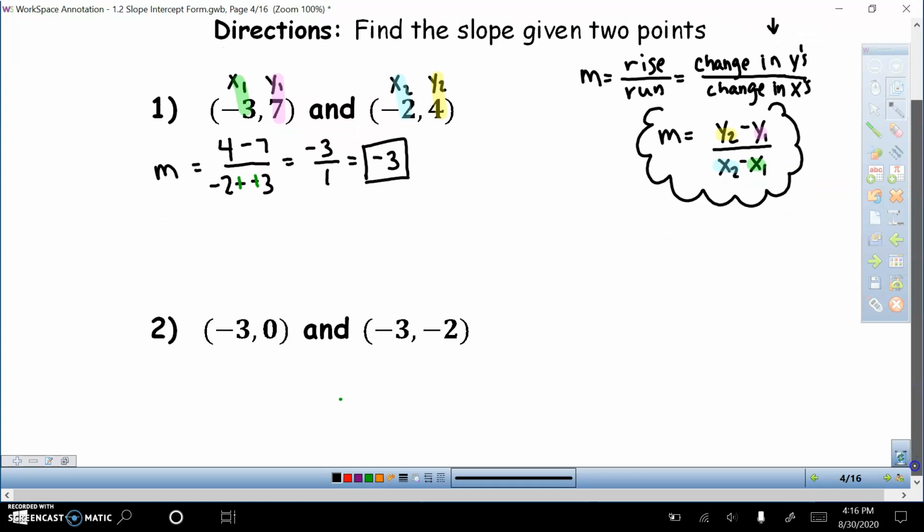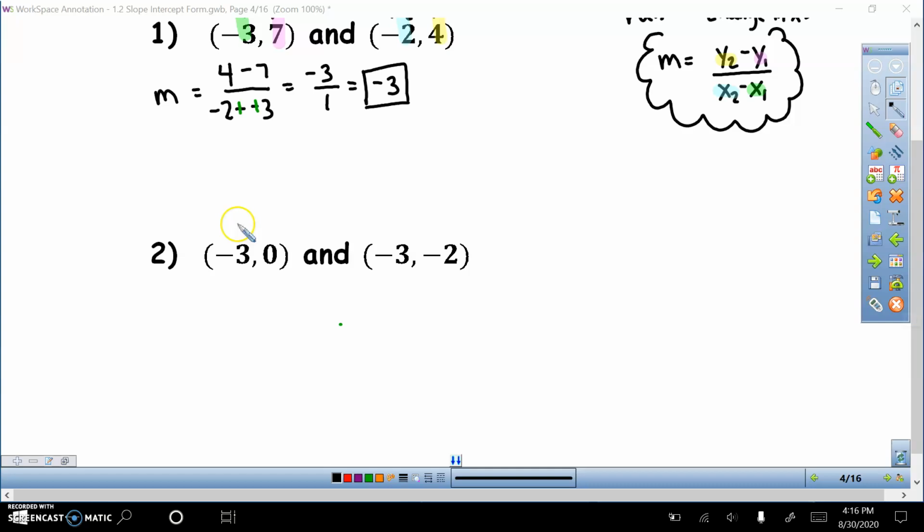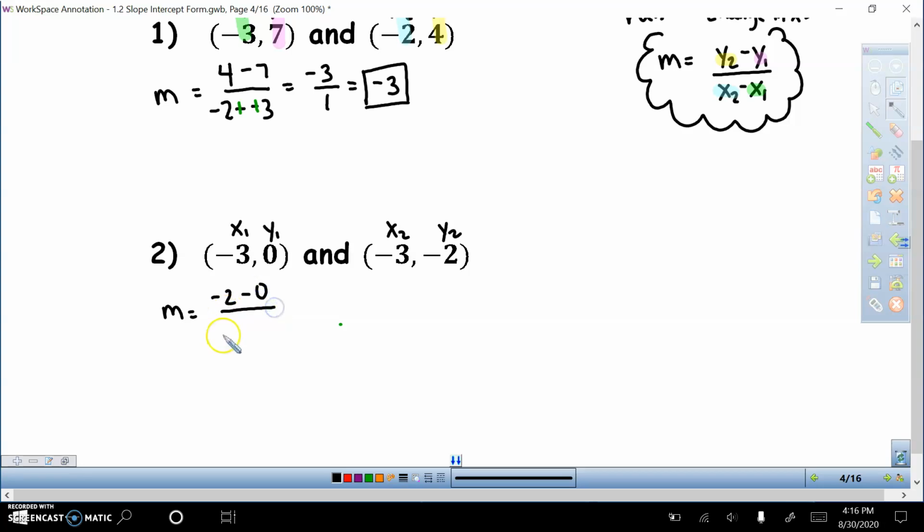Let's just do one more where I lead you. So number 2, same thing. I label it x sub 1, y sub 1 for my first point, x sub 2, y sub 2 for my second point. Substitute into my equation. So I'm going to have my slope is -2 minus 0 over -3 minus -3.